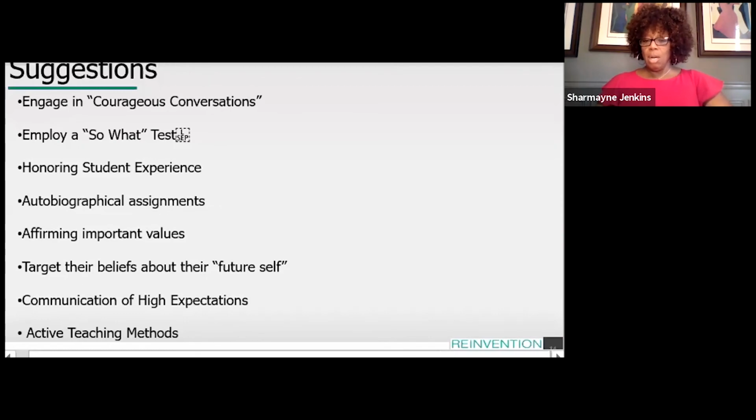There's a book called Courageous Conversations about Race, and it called upon educators to have real, authentic, and hard conversations about race and racism in their classrooms. Have the conversations. Even if it's just one child, if it's not a monolithic classroom, have the conversations. And I might say, even if it's a monolithic classroom, still have the conversations.